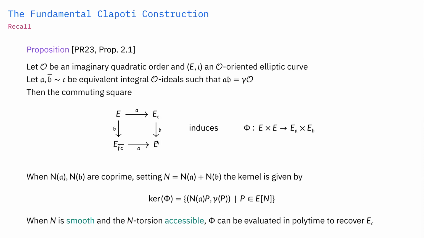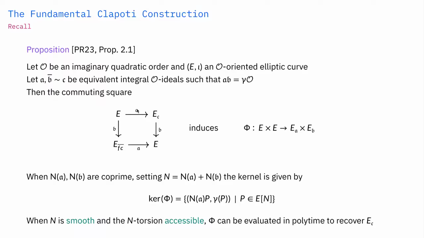A fundamental building block of this construction is this kind of two-dimensional isogeny construction, which is this proposition 2.1. And it says that if we have some imaginary quadratic order and an O-oriented elliptic curve, and we have some equivalent ideals to some, let's just say some class C, then we can write down this commuting square of isogenies.